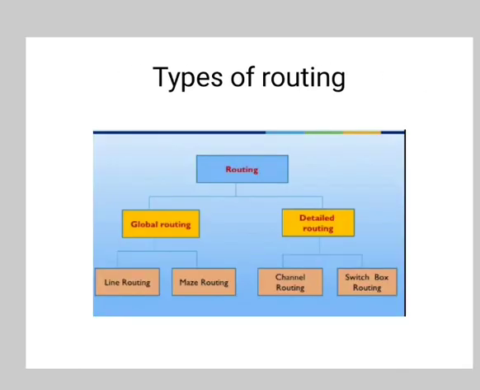So there are two types of routing: global routing and detailed routing. In global routing there are line and maze routing, and in detailed routing there are channel routing and switch box routing.